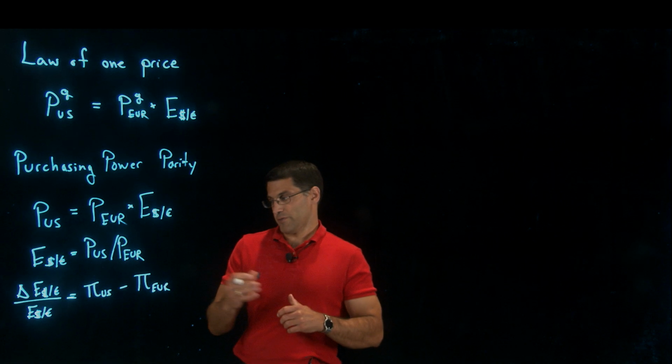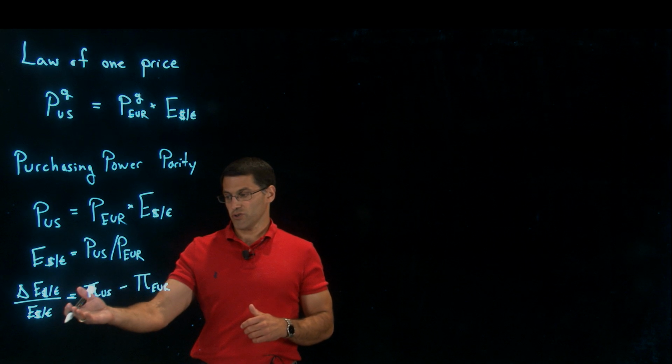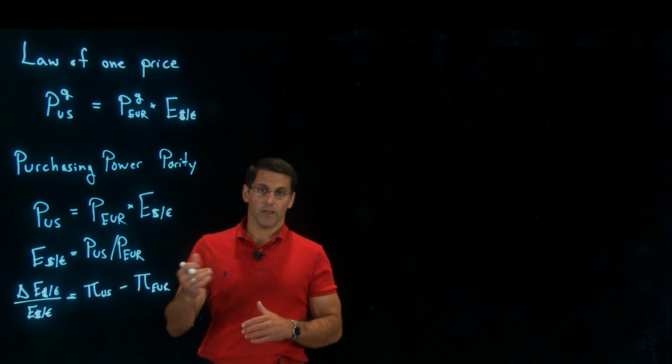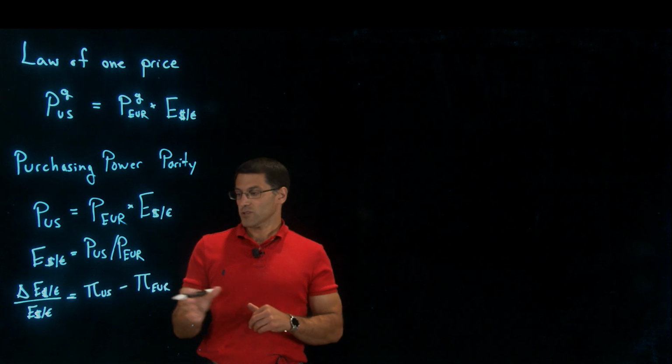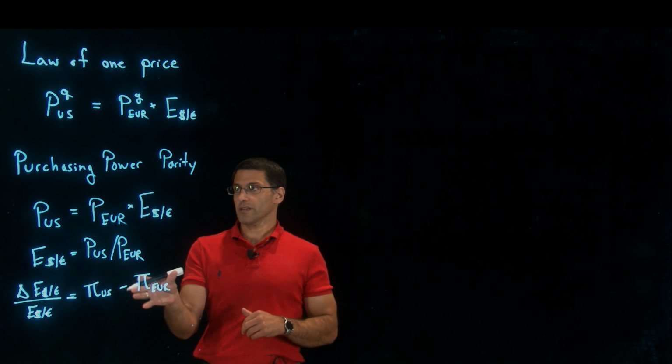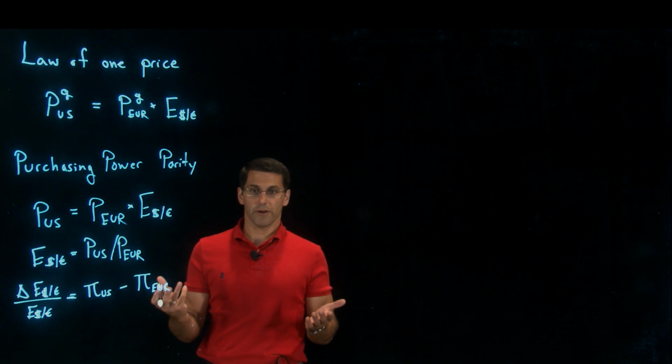And if this was the dollar-yen exchange rate, it would be the difference in the inflation rates between the U.S. and Japan. So this gives us a very nice way of thinking about this concept of purchasing power parity.